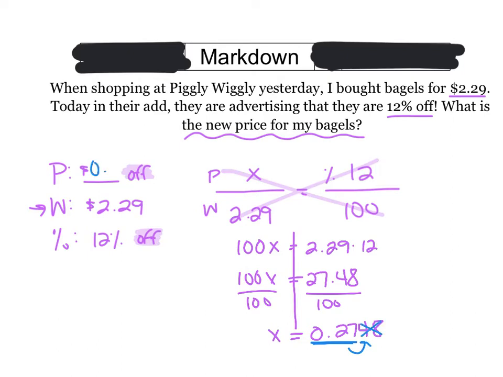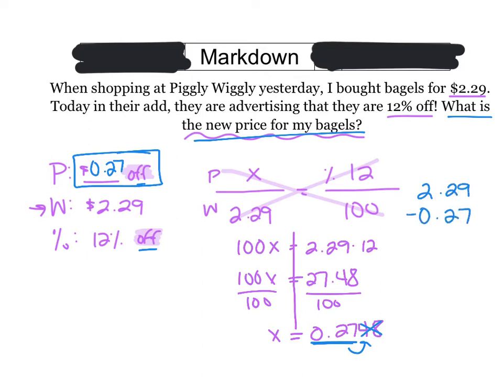So my part ends up being 27 cents. But that's 27 cents off because remember, our reasonings match. It says, what is the new price? So we are gonna have to go the next step and do the subtraction. They were $2.29. I am saving 27 cents. Now they are gonna cost $2.02 for the new price.